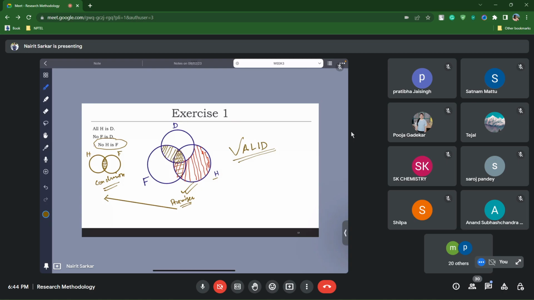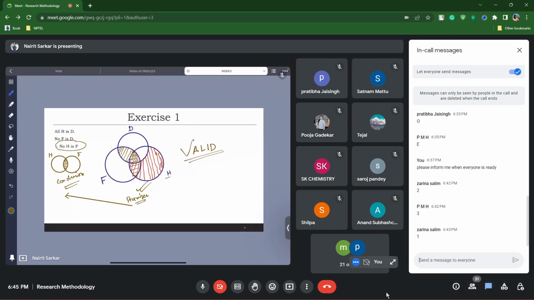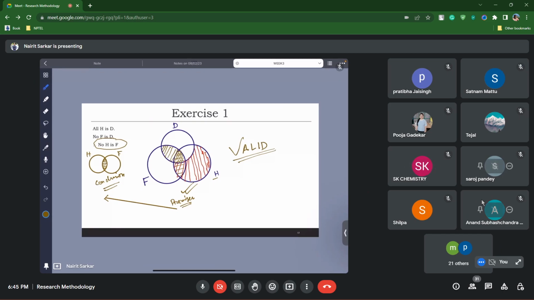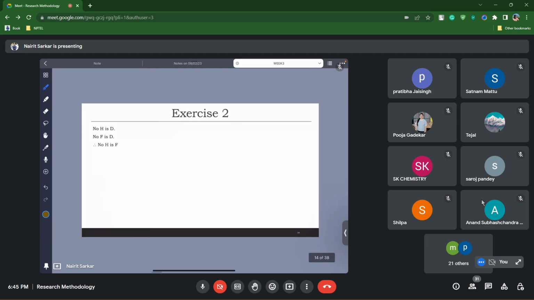Anyone having any confusions in exercise 1? Very good. Then second one again.